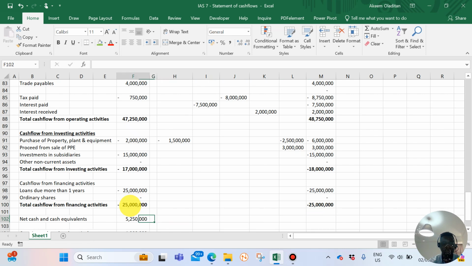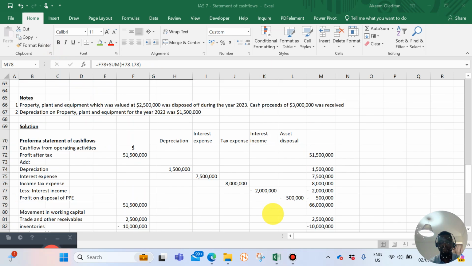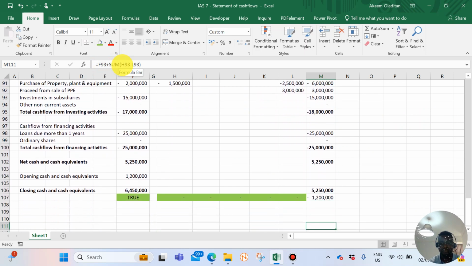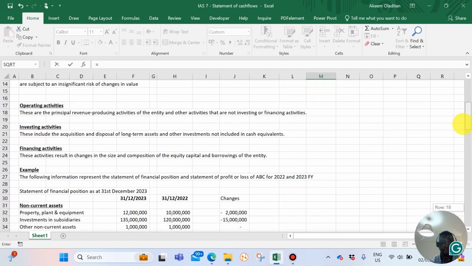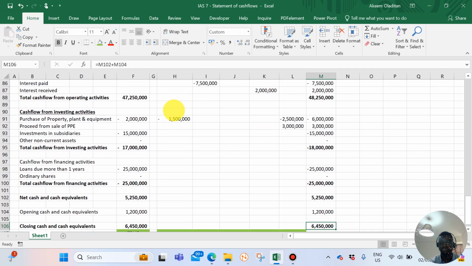This. Then net cash and cash equivalents, how much is it? Hold it. But we make sure that all aspects have been correctly entered. So let me sum this. Okay, this is correct. This is correct. Then what is the opening balance? That's it. We'll slot in.